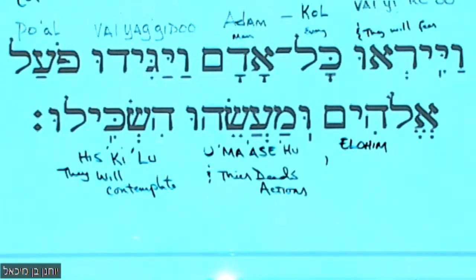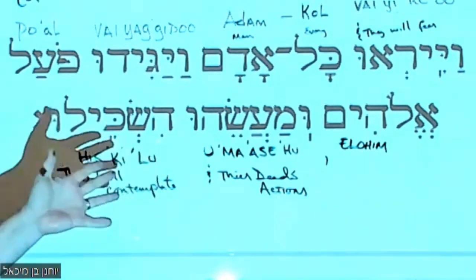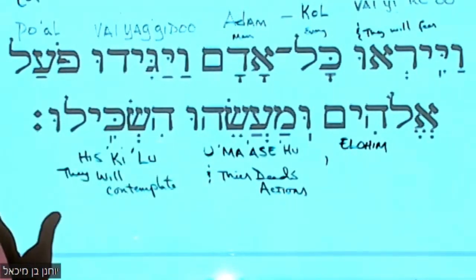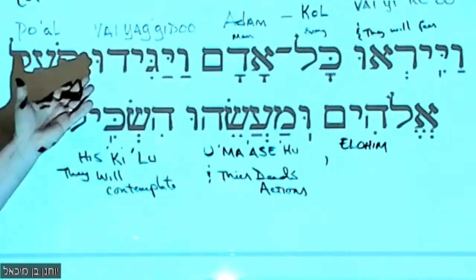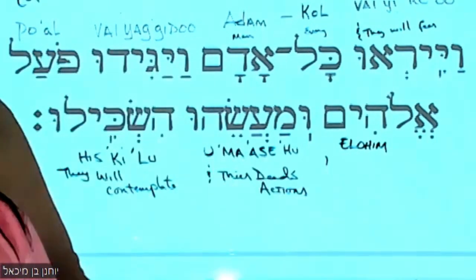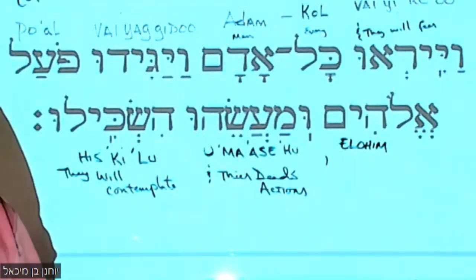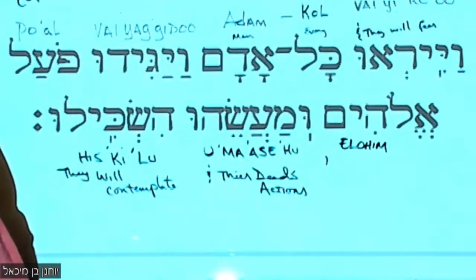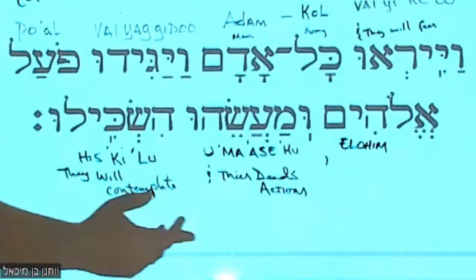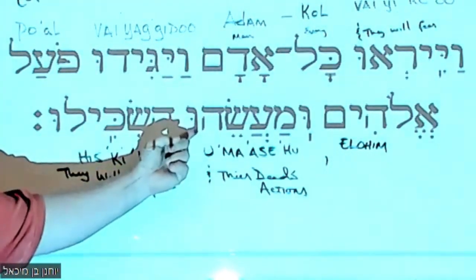Well, look at the roots: poal versus maaseh. A maaseh is something that you do, right? That's my point. They already fear him, revere him, hold him in awe, and they're proclaiming his incredible things, his miraculous deeds. So why would they contemplate his actions? It doesn't even make sense because of this ooh on the end.